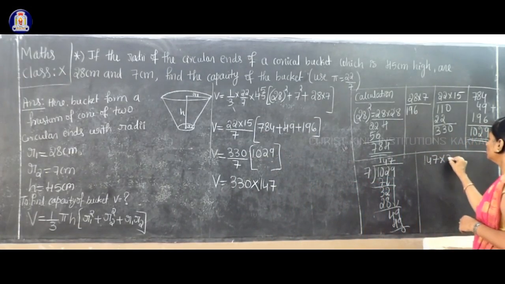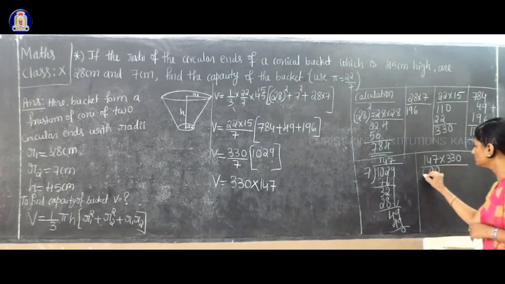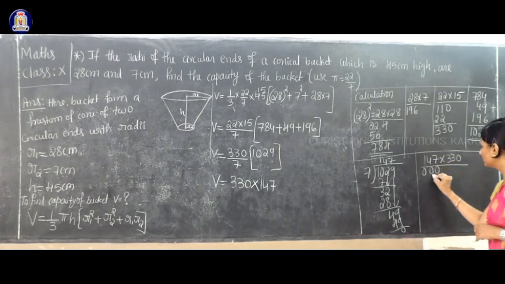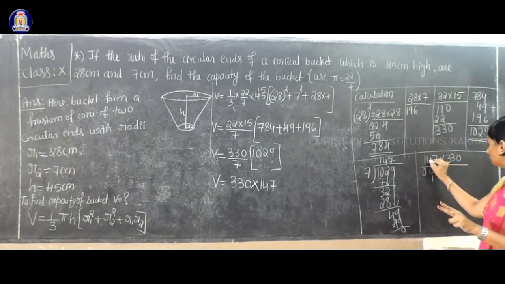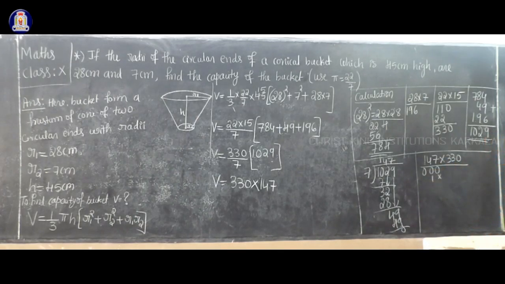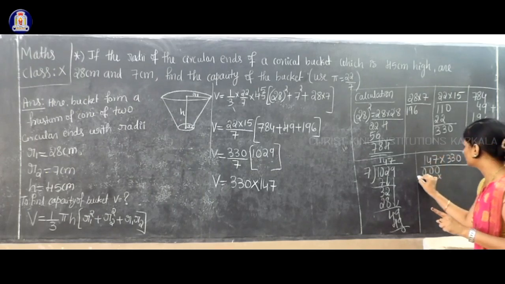So what is the answer? 147 into 330. It's now 0, 0, 0. Correct, no? So 3 sevens are 21. 2 remainder. 3 fours are 12, 13, 14. 1 remainder. 3 ones are 3, 4.